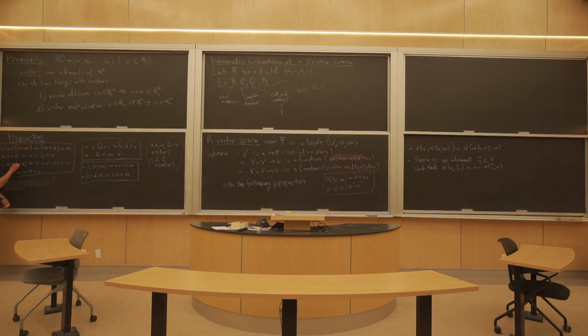In this case, it is clear what this should mean, but in the abstract setting, you want to say that given any V, there is something like a minus V. Because at this stage, we don't know what minus means.